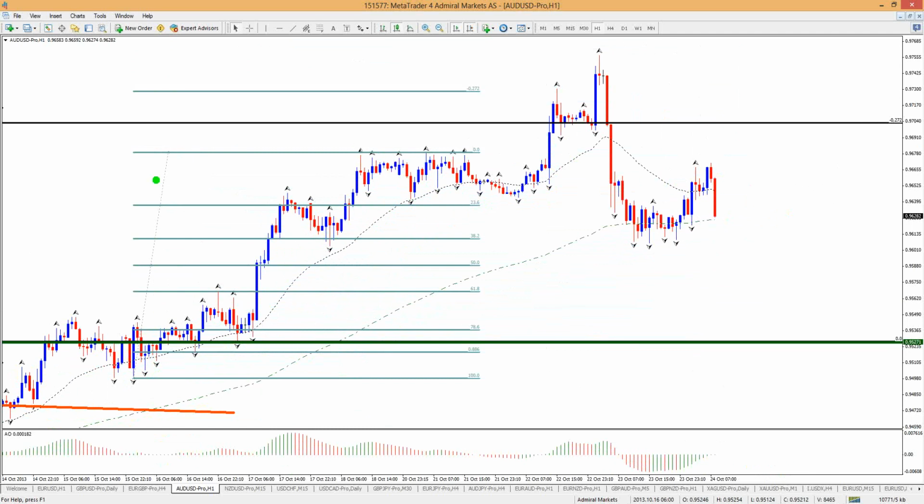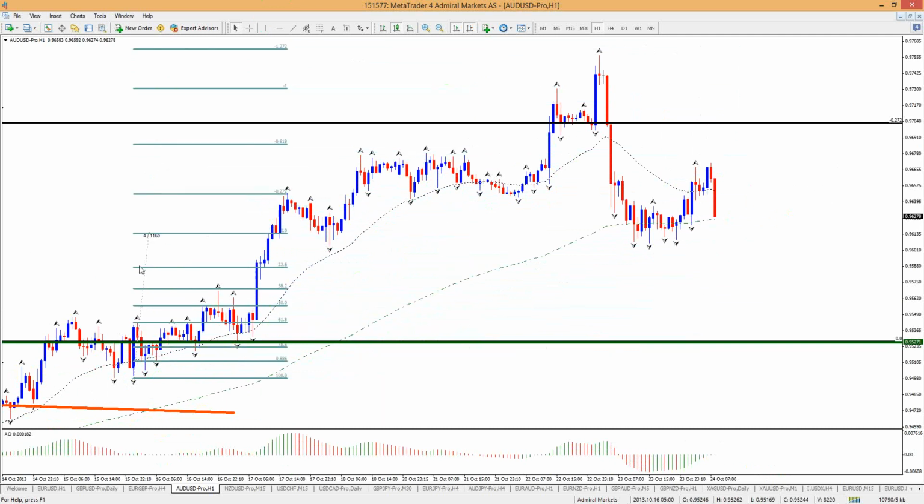Other than that, last tip is that you can wait for the target to be hit before placing a new fib. Because if the target isn't hit, then we're probably still using the same fib. You don't want to put too many fibs within fibs. Let me say it this way.